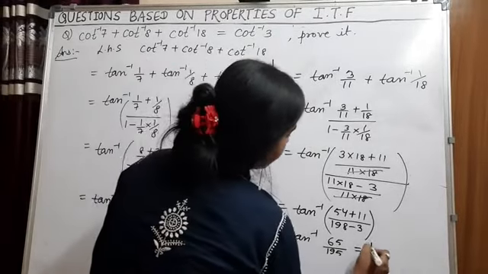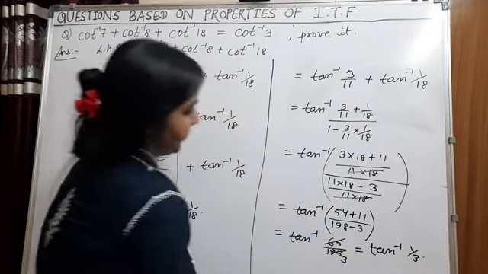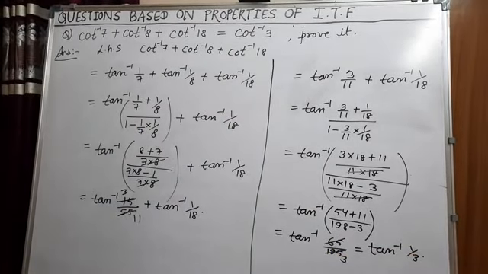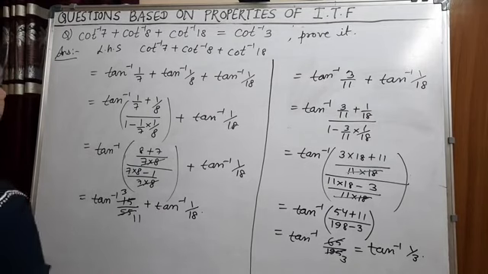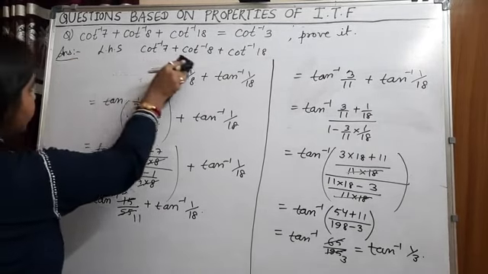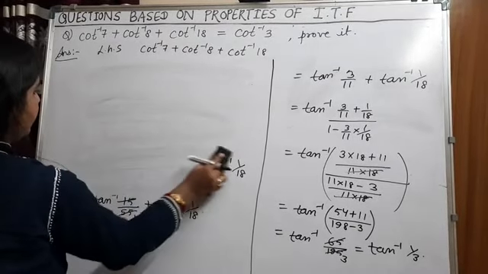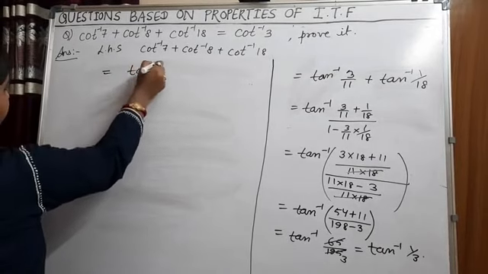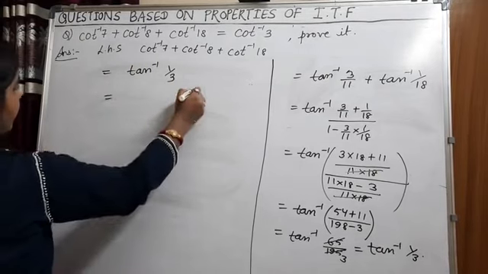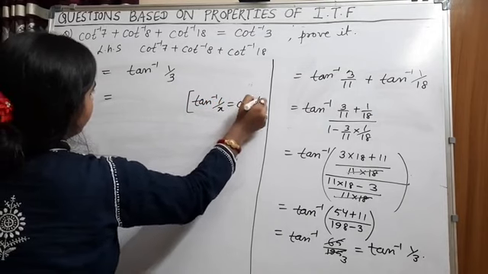We are getting here tan inverse 1 by 3. And for tan inverse 1 by 3, again we will use the property, that means tan inverse 1 by x equals cot inverse x.